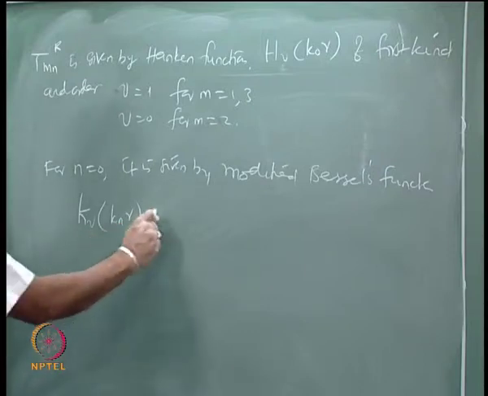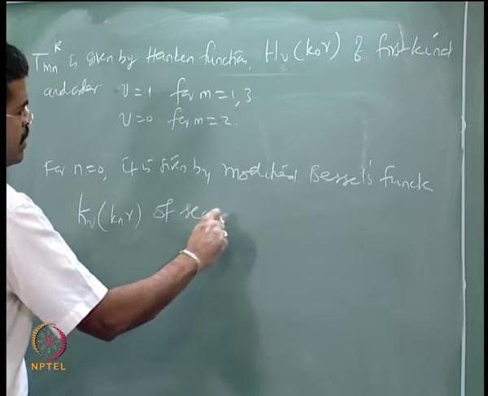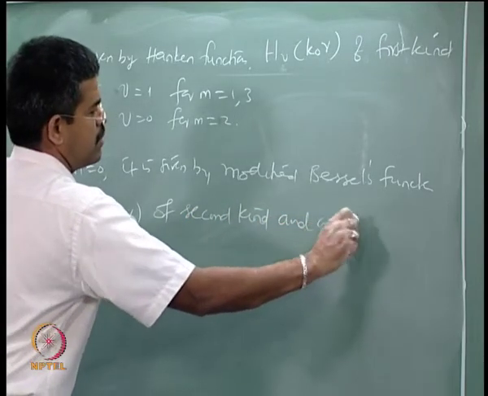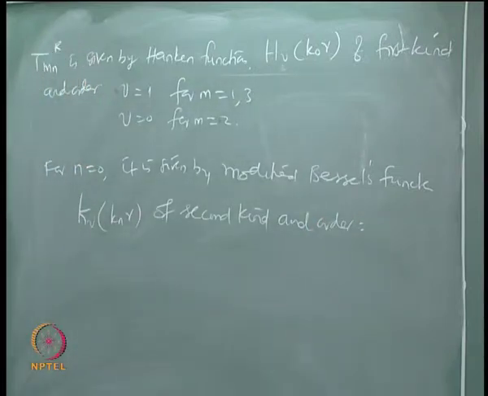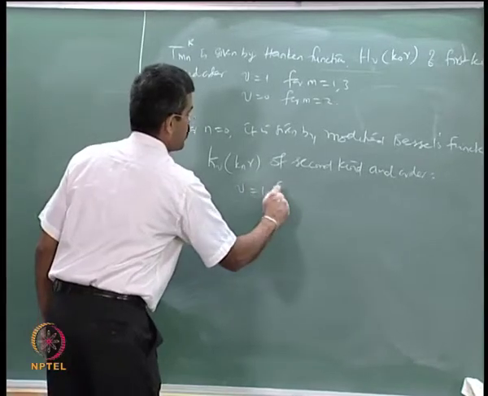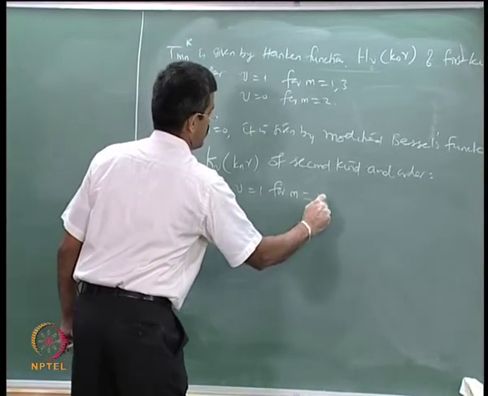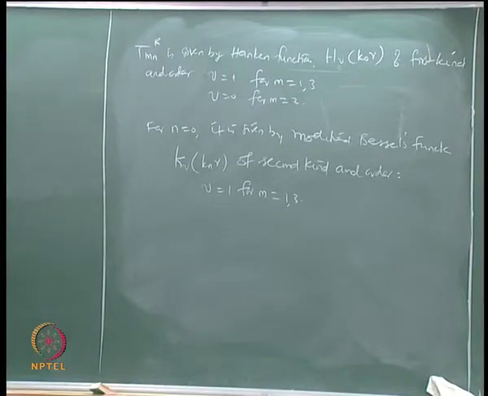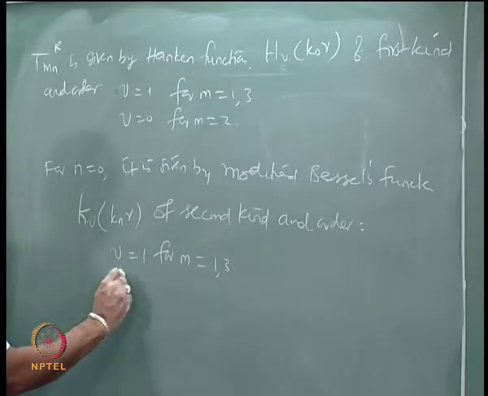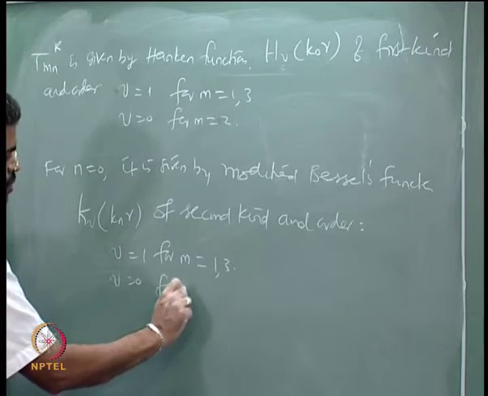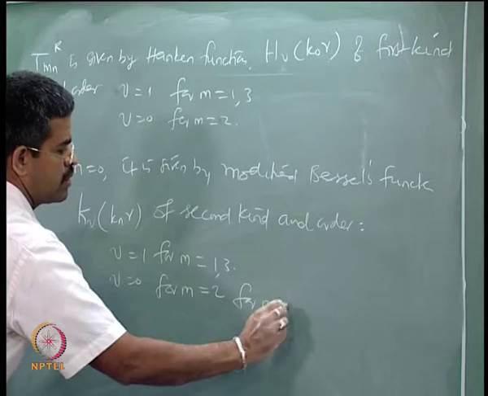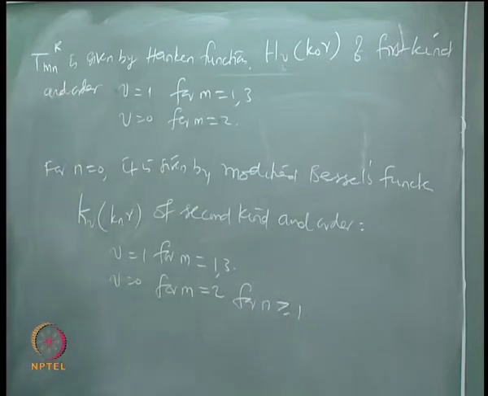This is of the second kind and order V equals 1 for m equals 1 and 3, V equals 0 for m equals 2 for n equal to 1.